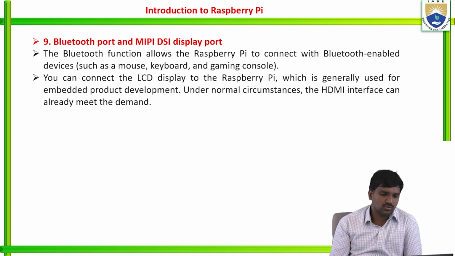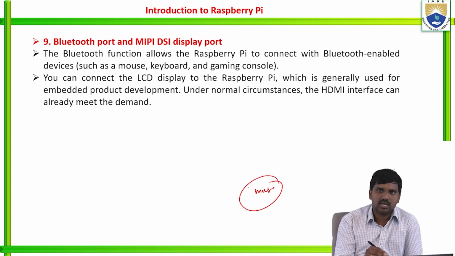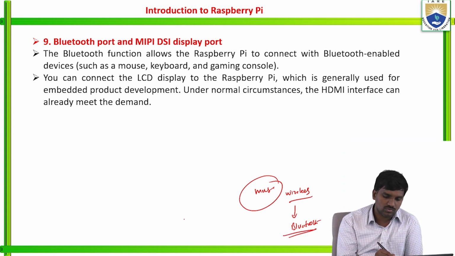The next one, Bluetooth port and MIPI DSI display port. The main function of Bluetooth is to connect to Bluetooth-enabled devices like mouse, keyboard, gaming consoles. Nowadays many people are using a wireless mouse, and that wireless mouse works with the help of Bluetooth. Otherwise, we may connect with Wi-Fi.